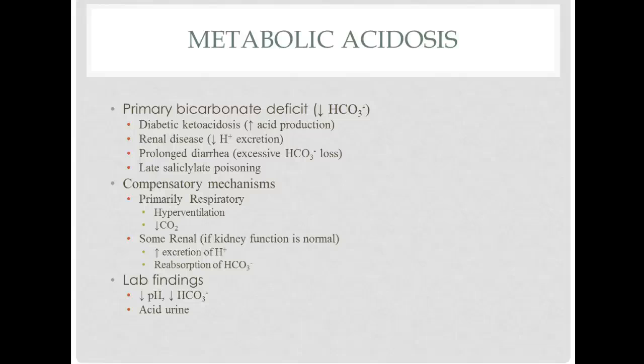When somebody's in this scenario, we can see a respiratory fix. In this case, we can have dropping the CO2 through hyperventilation, or we can have some renal issues with reabsorption of bicarb, depending on how well the kidney function is. The lab findings would be a decreased pH and decreased bicarb.